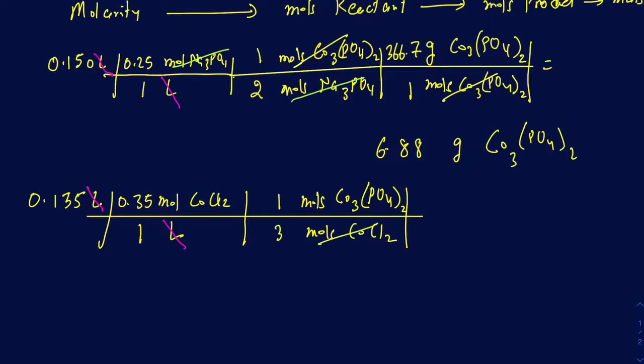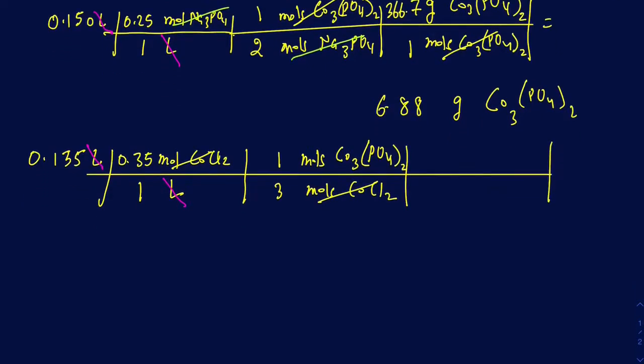So your moles of cobalt chloride cancels out, and then finally I want to convert that to the mass of cobalt 2 phosphate. So I want to put the grams of cobalt 2 phosphate on the top, and moles of cobalt 2 phosphate on the bottom.